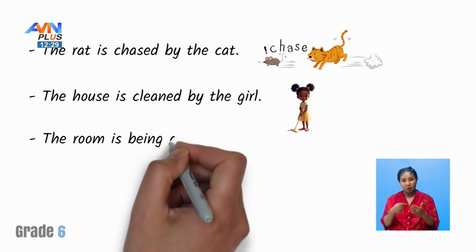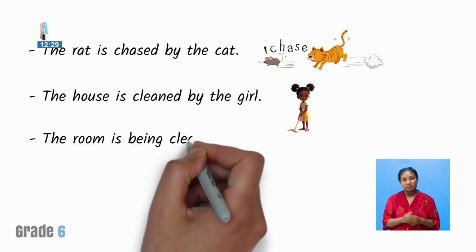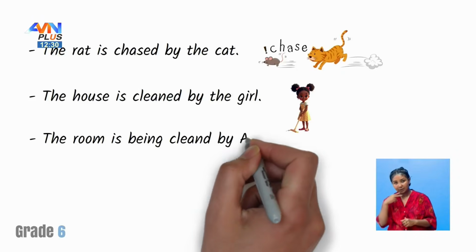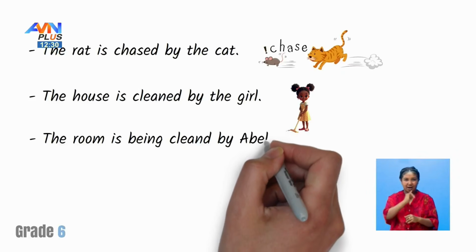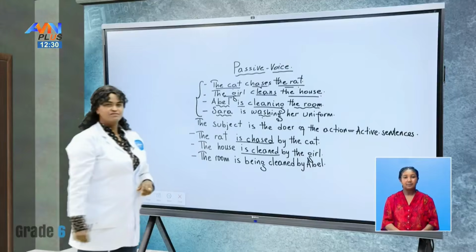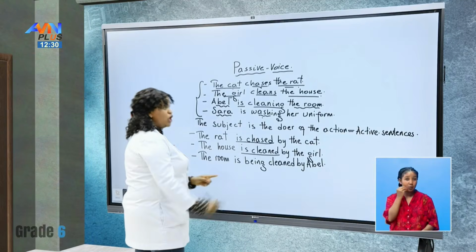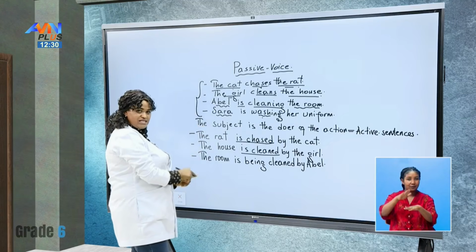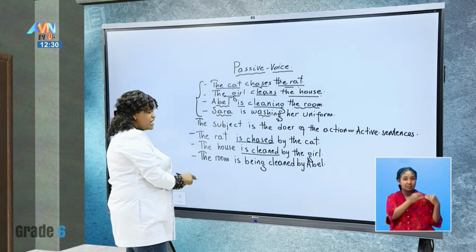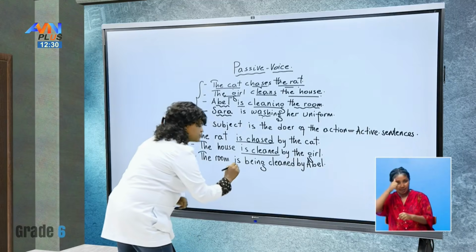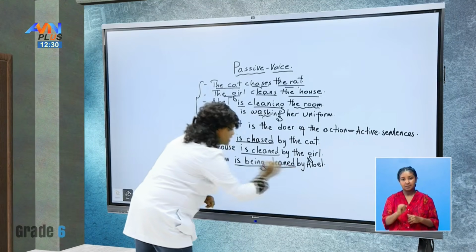So, being. The room is being, and my verb is going to be cleaned, not cleaning, okay? Cleaned by Abel. Look, the room, which was an object above, is going to be a subject here in my sentence: the room is being cleaned by Abel. Look at this pattern. Is being cleaned.